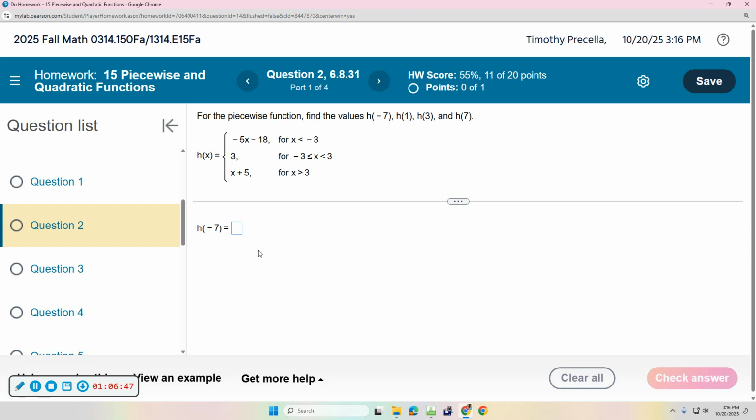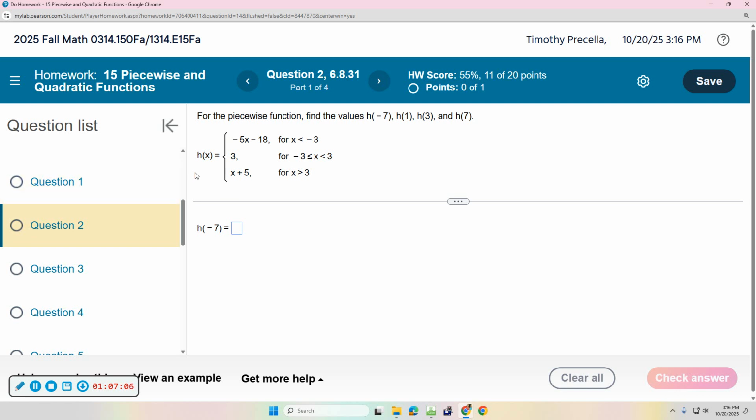Can you have (1, 7) and (1, 2) both as ordered pairs and it be a function? No. Each x value is paired with one and only one y value.